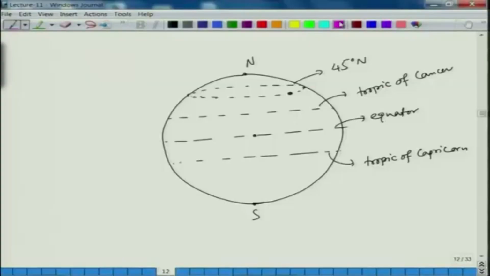So, now for this location, anywhere on this 45 degree north line, if you have a wall which is north to this particular location, suppose we have a wall here towards the north. So, this is a hugely exaggerated version of the distance, because we are looking at the earth centered reference frame.